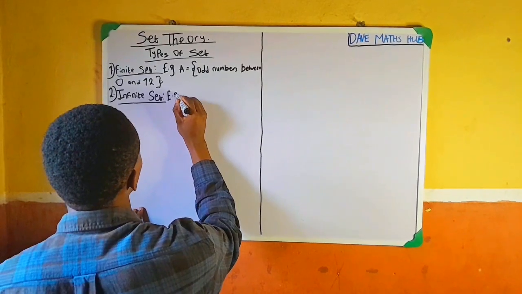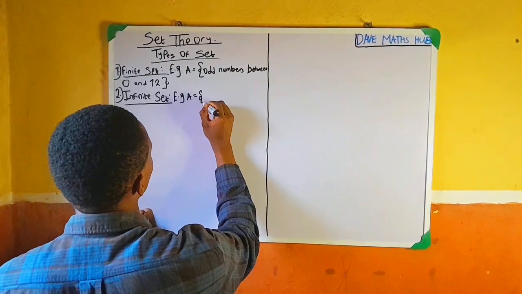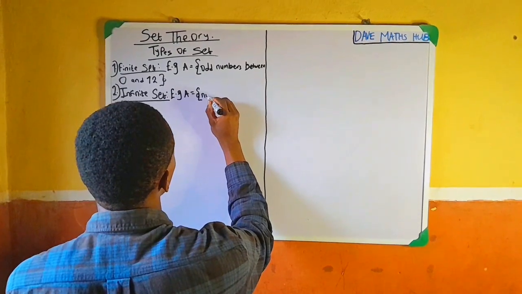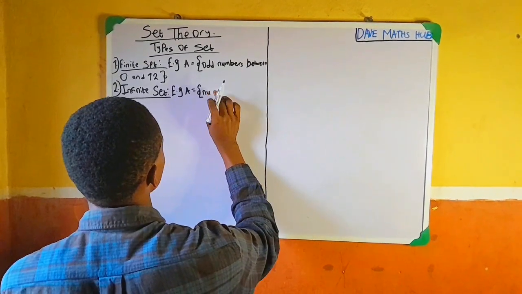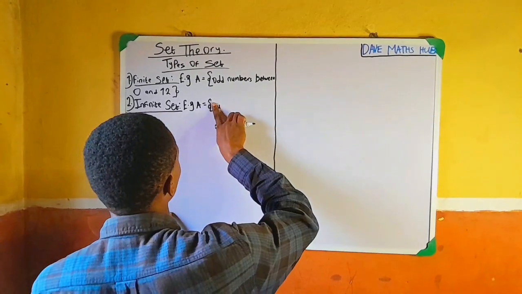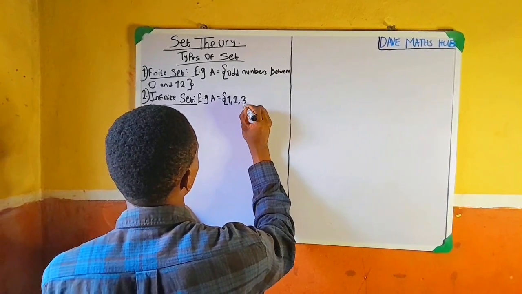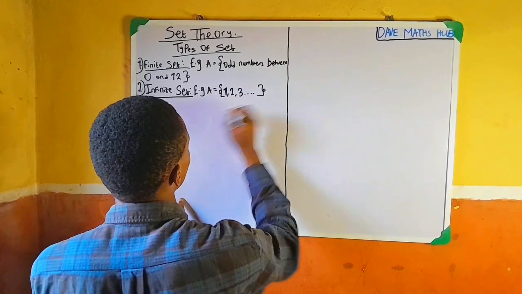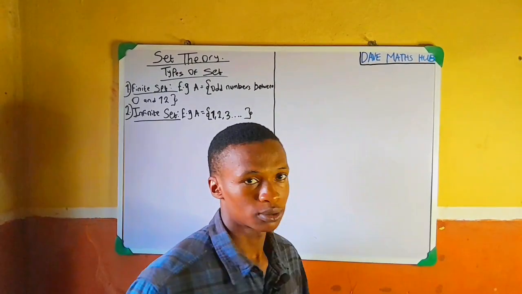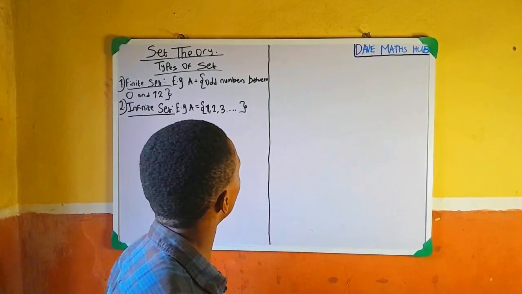E.g., A is equals to numbers, or we can just say 1, 2, 3, dot, dot, dot, to infinity. So now this has no ending. That's why we have the dot.